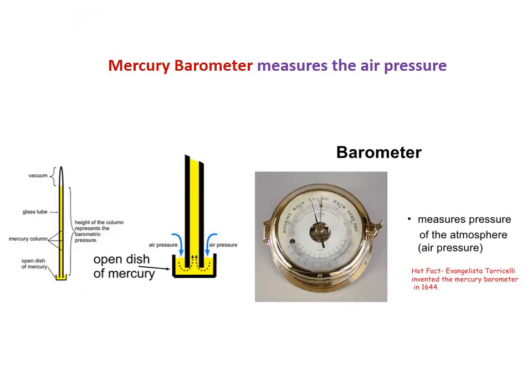Another instrument that is generally used in weather stations is the barometer. Barometers indicate the atmospheric pressure, and this is especially important when you are into forecasting the weather of a particular place.